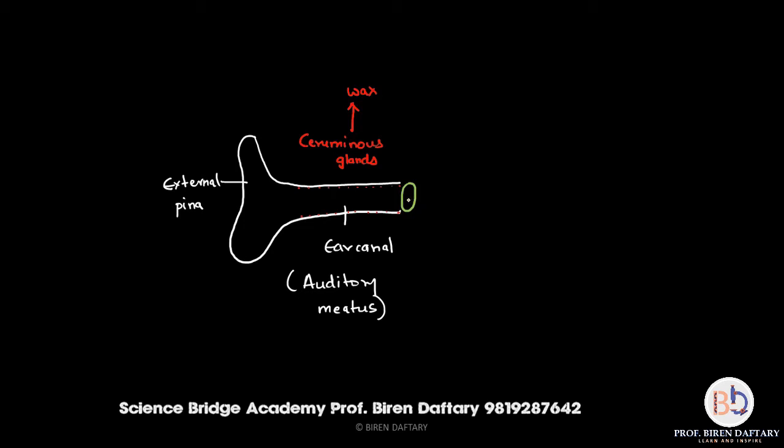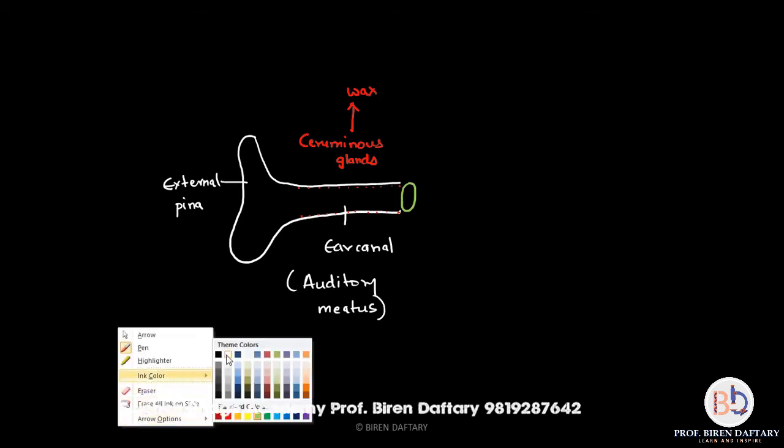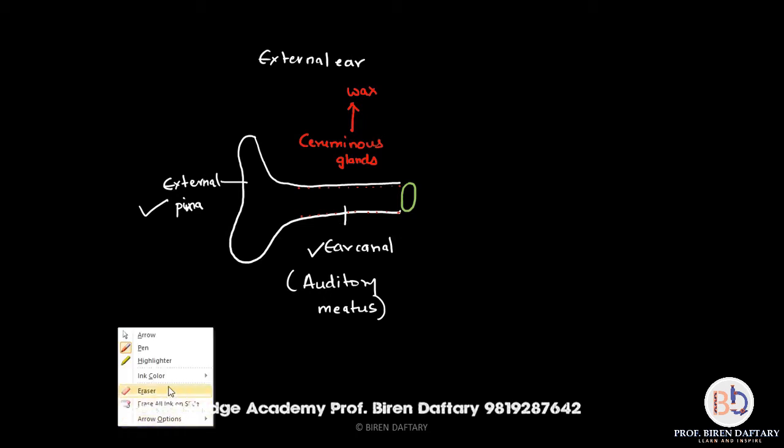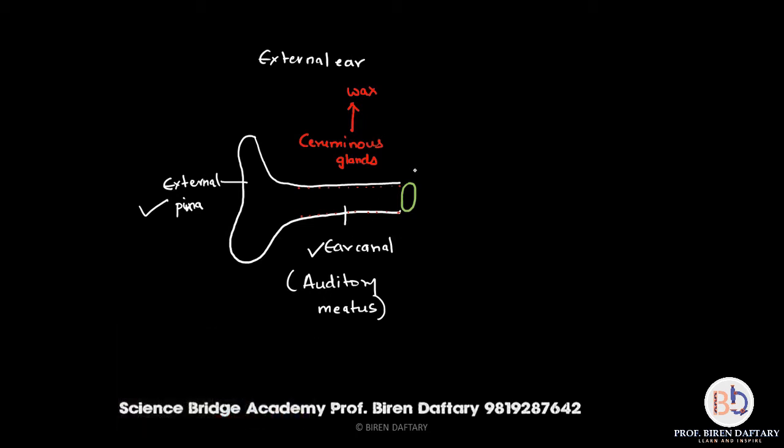So these three parts are together called the external ear. The external ear is made up of the external pinna or the ear, then the ear canal which is also called the auditory meatus, and finally the eardrum.